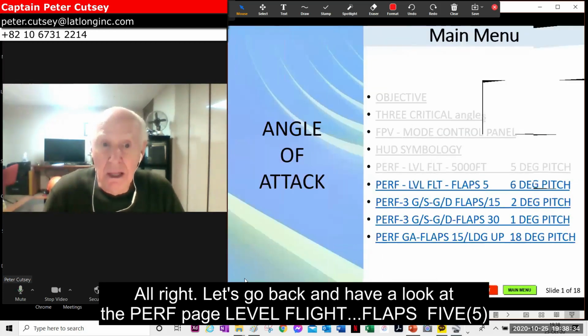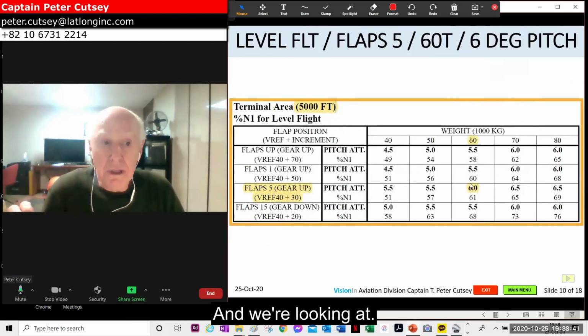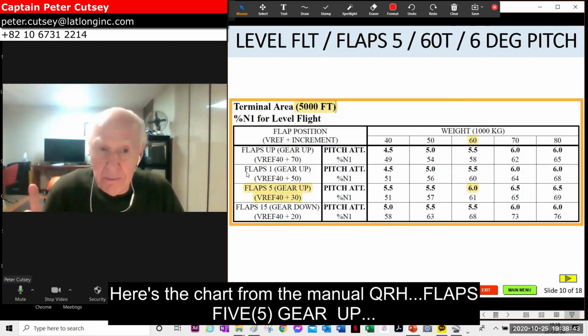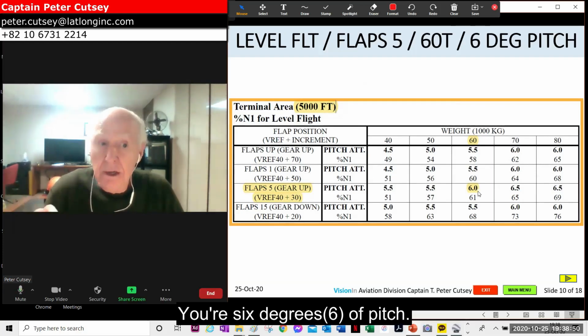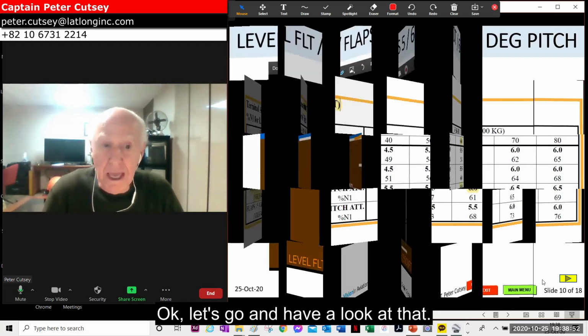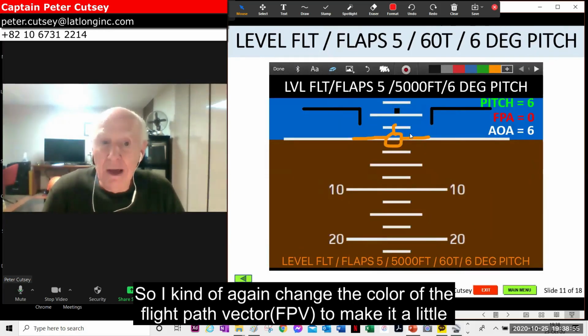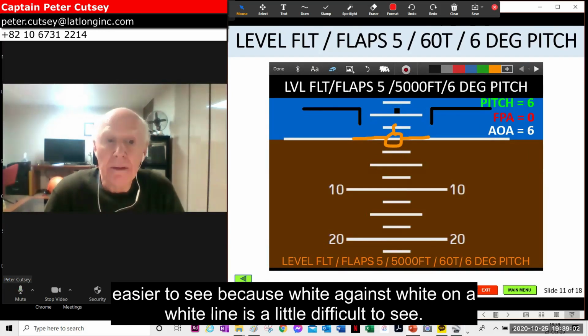All right, let's go back and have a look at the perf page, level flight flaps 5. Here's the chart from the manual, QRH, flaps 5, gear up, VREF 40 plus 30. You're at 6 degrees of pitch. Okay, let's go and have a look at that. I've again changed the color of the flight path vector to make it a little easier to see, because white against white on a white line is a little difficult to see.